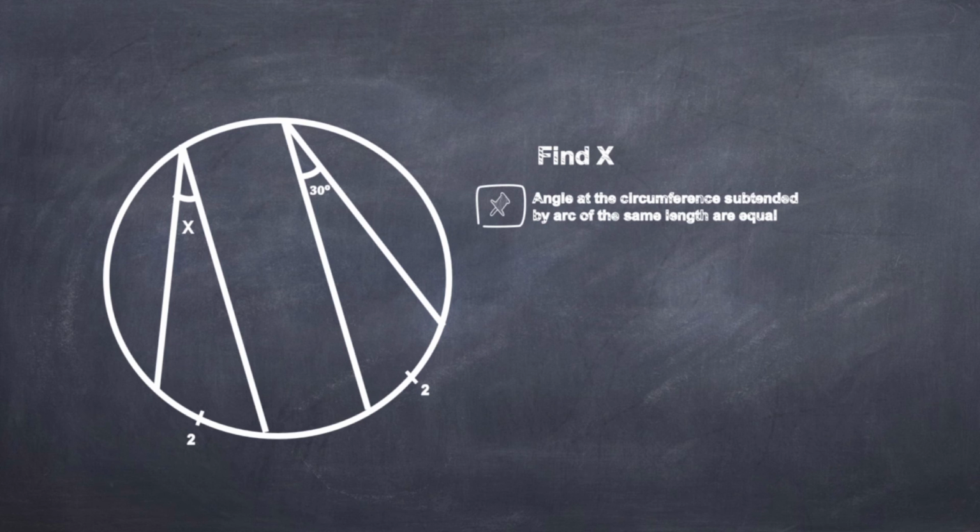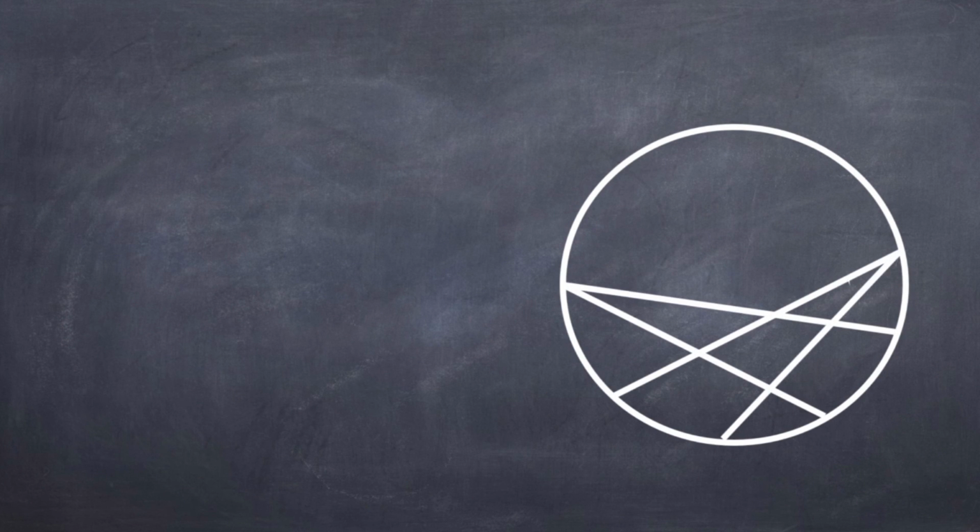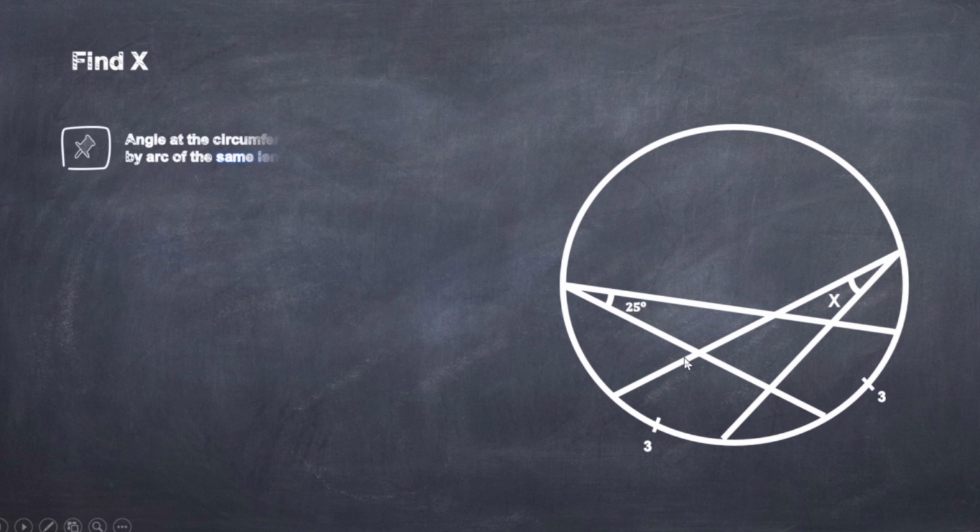Therefore, x is 30 degrees. So next, let's look at these questions. This angle is 25 degrees, and from the same length of arc, therefore x is 25 degrees.